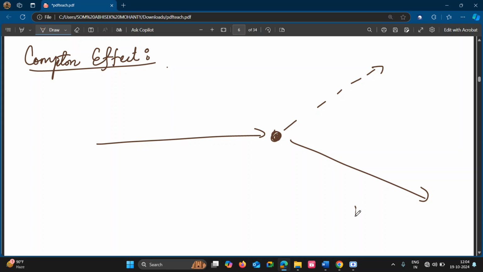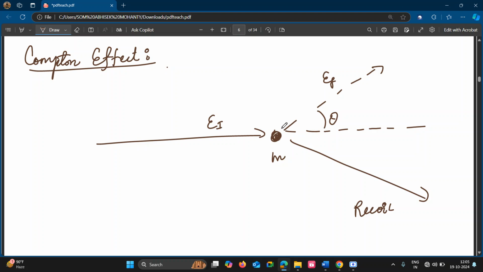This is the recoil. This is the initial energy EI, final energy EF. This is the mass, and this is the angle at which it is going away. So a photon hits a stationary particle of rest mass m.